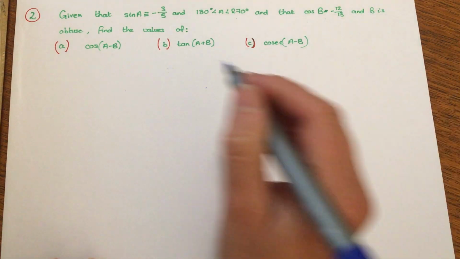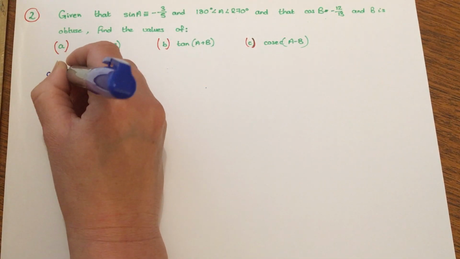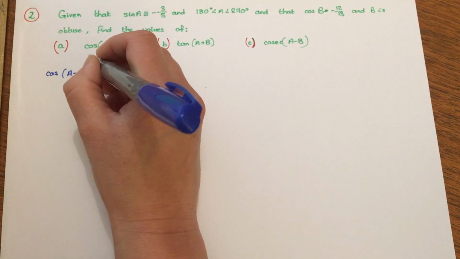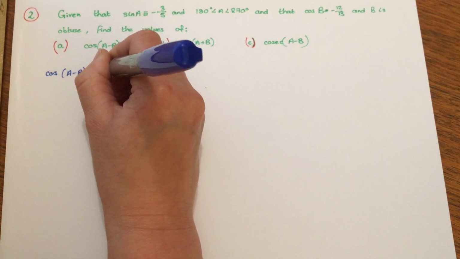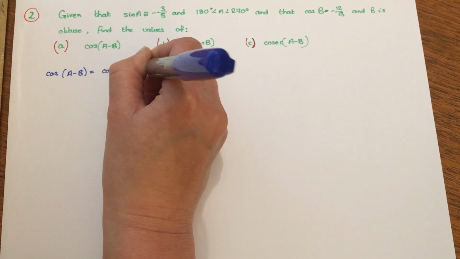So, cos of A minus B, so let's look at that one first. The compound angle formula for cos is cos A cos B plus sine A sine B.